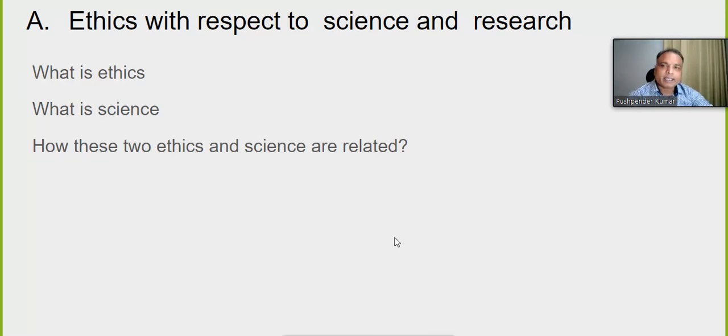If you conduct any research and use any technology not ethically, then definitely it would be against the environment and against human beings. We don't want to bear that cost. We don't want to face that kind of challenge where ethics is not going with science.